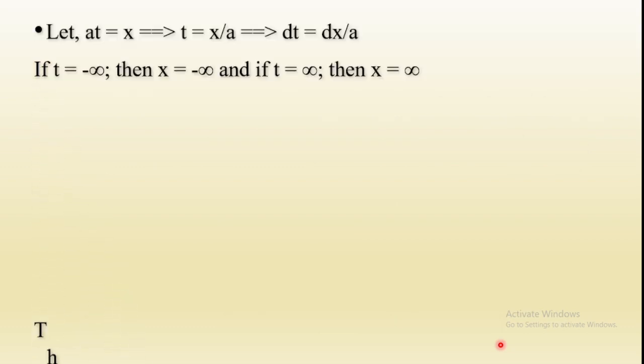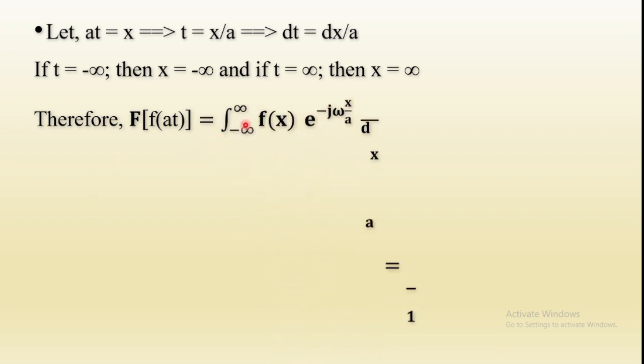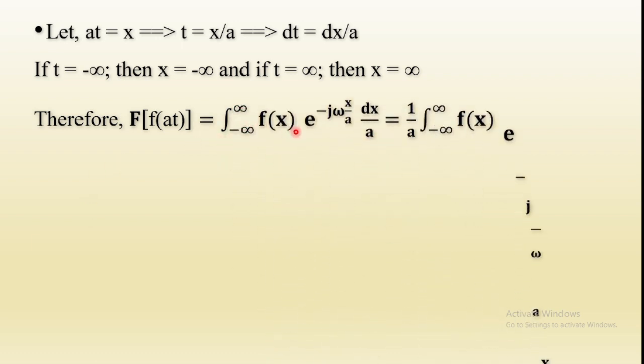Therefore, the Fourier transform of f of a t is equal to the integral from minus infinity to infinity of f of x, where a t is considered as x, into e power minus j omega t, with t equal to x by a and dt equal to dx by a. So that is equal to 1 by a times the integral from minus infinity to infinity of f of x into e power minus j omega x by a, written as e power minus j into omega by a times x, into dx.